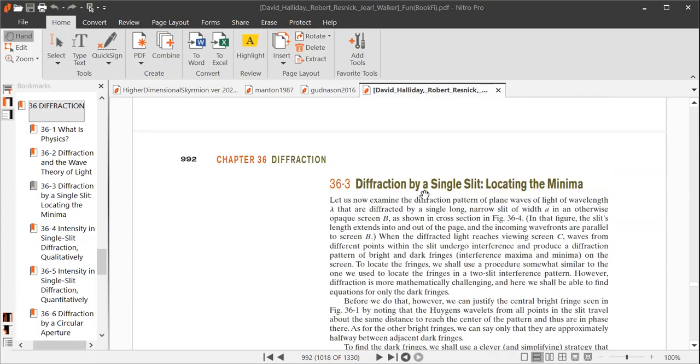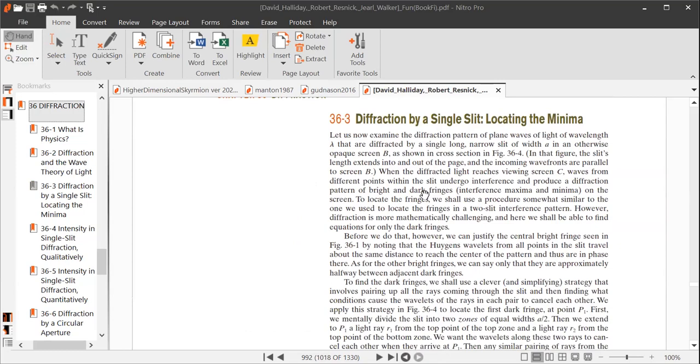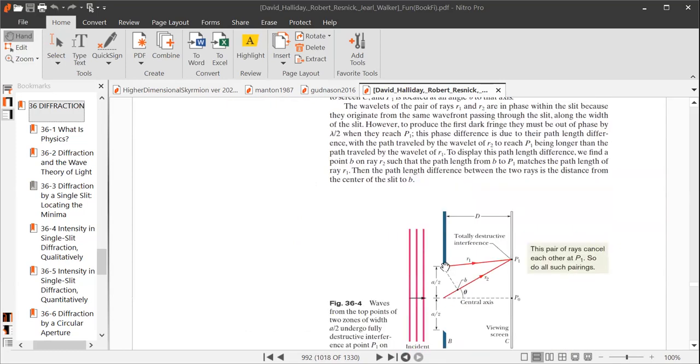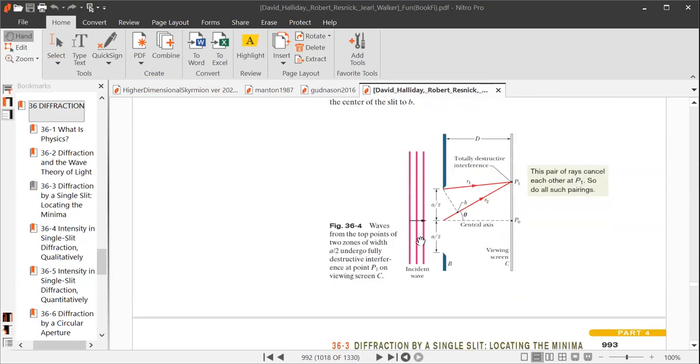Okay, diffraction by single slit. We have a one-dimensional slit, for example like this, with width a. If the incident wave passes through this slit with width a, we will have this diffraction pattern.